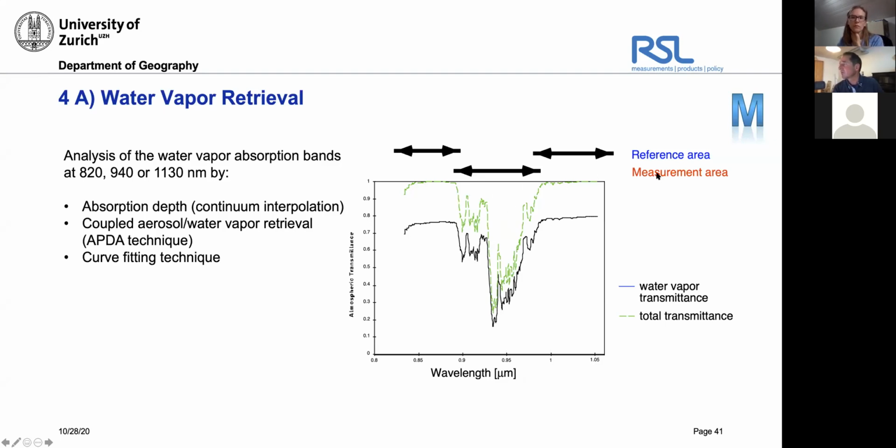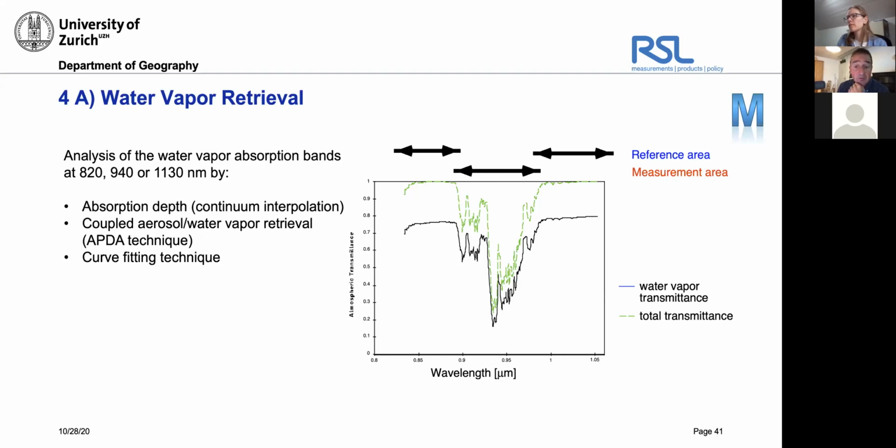I called this the measurement area to the reference area, or measurement bands, spectral bands. And then that's how you can find the absorption depth. And the absorption depth is related to the amount of gases. If you evaluate this properly and compare it to a simulation, then you should find the appropriate amount of gases.